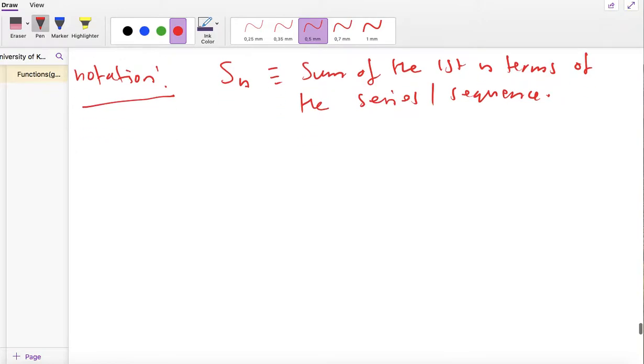Okay, so that was a notation that we use, and another way of writing this notation is like this: term 1 plus term 2 plus term 3 up until term n.